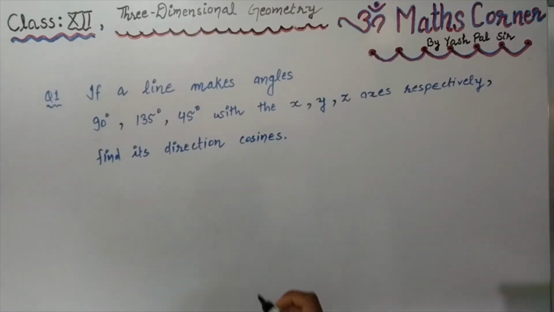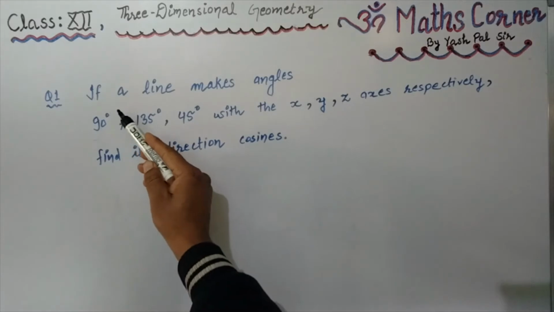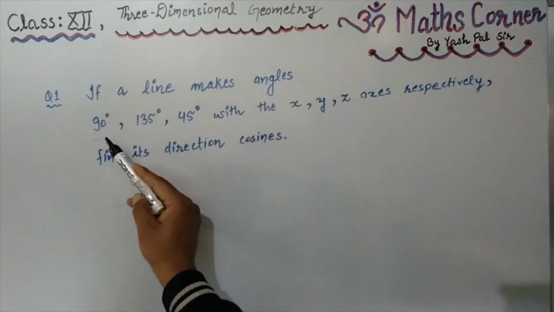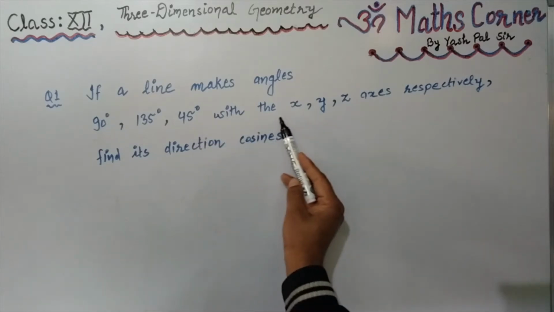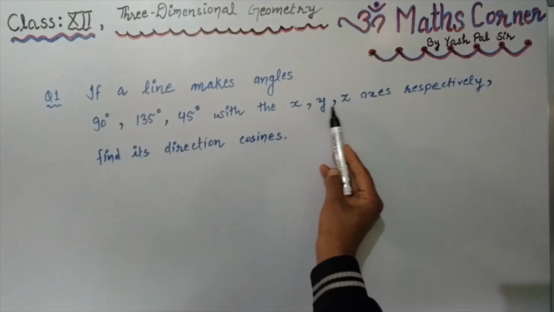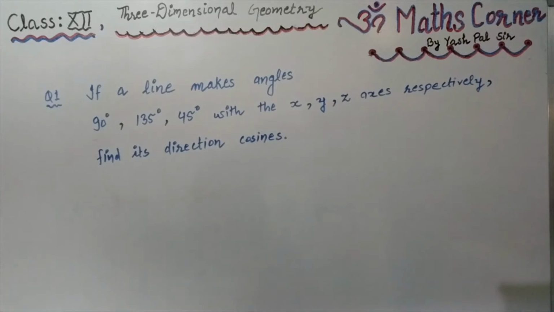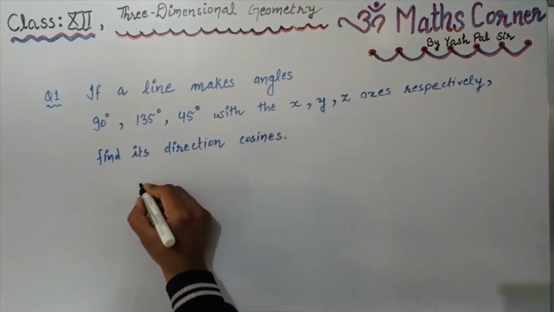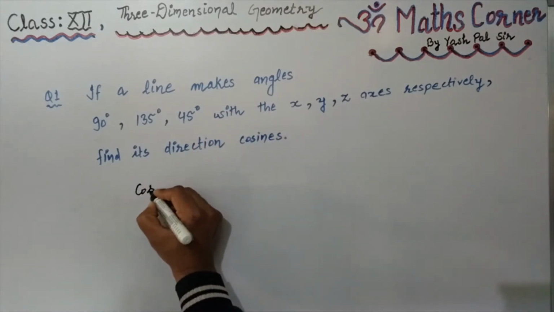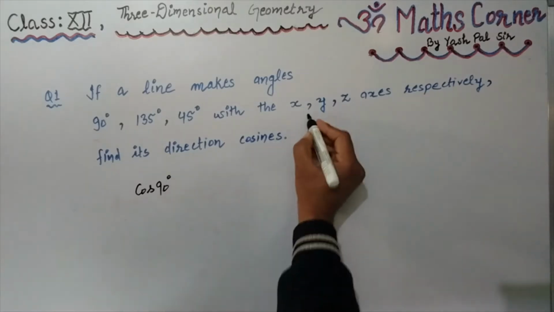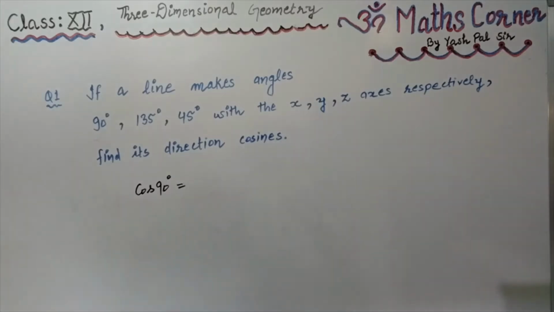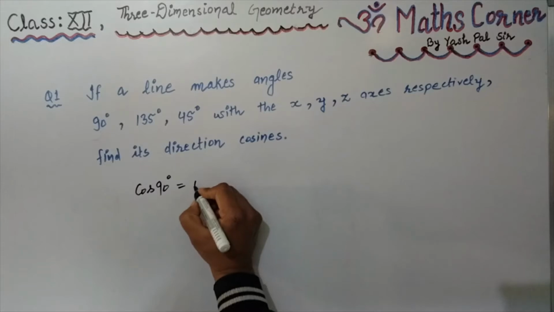The very first question of the day is: if a line makes angles 90 degree, 135 degree, 45 degree with the x, y, z axis respectively, find its direction cosines. Very simple. Simply we insert cos of the angle: cos 90 degree with x axis is equal to 0.